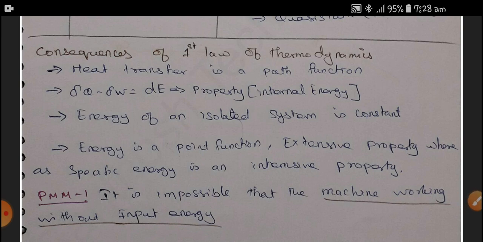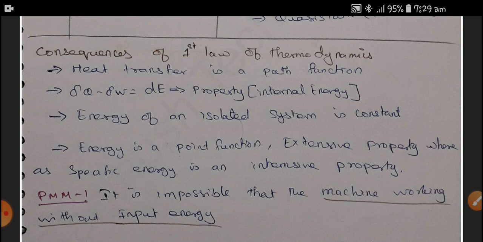That is why we are not at all using an isolated system in any process of the first law of thermodynamics. The energy is a point function and extensive property, whereas specific energy is an intensive property. Okay, so these consequences lead to the perpetual motion machine.